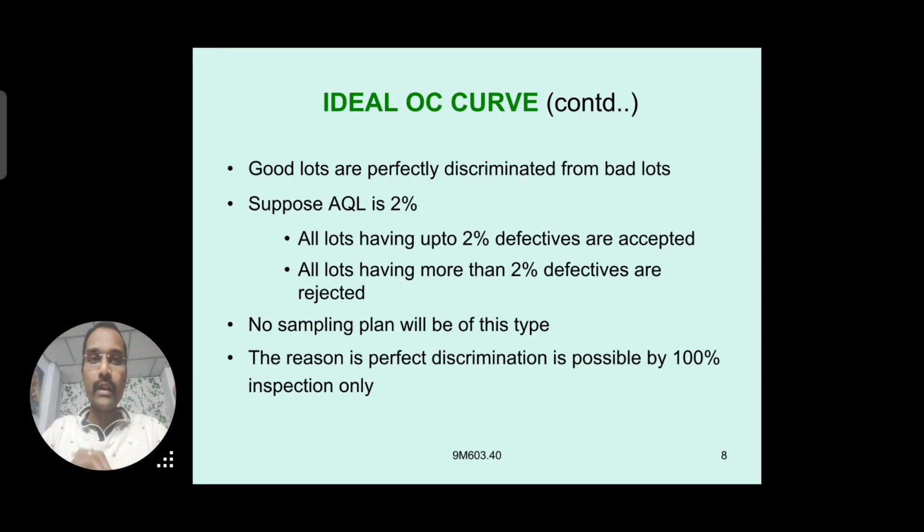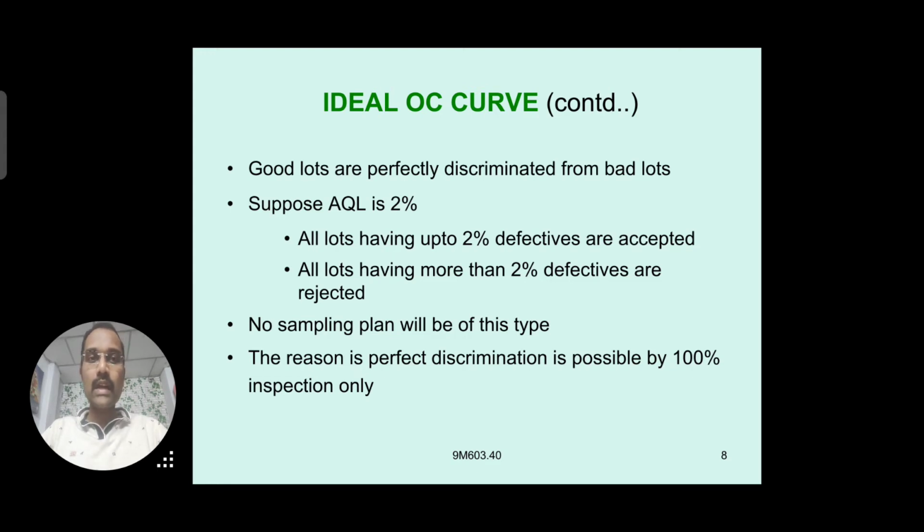Then only can you perfectly discriminate between good and bad lots. But no sampling plan of this type exists, so it is not suitable for justifying which is a bad lot and which is a good lot. If you want to discriminate perfectly, you have to go for the 100% inspection method.